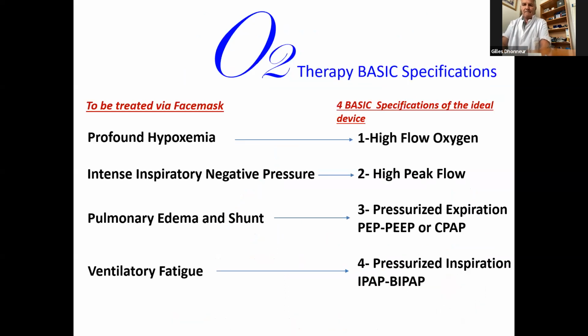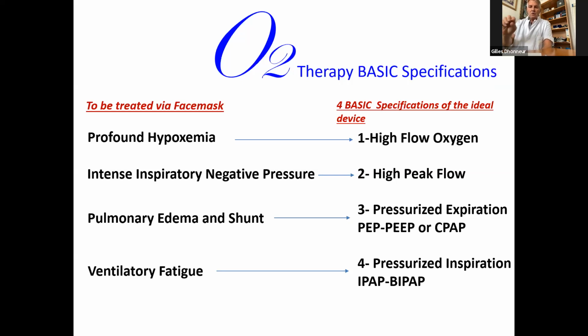Next step, please. So we decided there would be 4 major basic specifications for the ideal device to give oxygen to these patients that are not sedated, they are fully conscious, and they need a high flow oxygen, high peak flow system. They need a pressurized expiration to treat pulmonary edema and shunt, and they need inspiration pressurized to limit ventilatory fatigue.